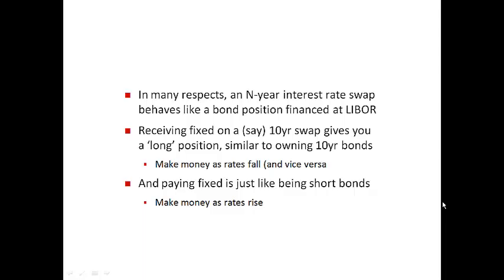If the notional amounts are equal, then receiving fixed on a swap is economically equivalent to owning bonds. The position makes money when rates fall, i.e. it's a long position in market terminology. Similarly, paying fixed is equivalent to being short bonds. In summary, a swap behaves like a synthetic, unfunded bond.